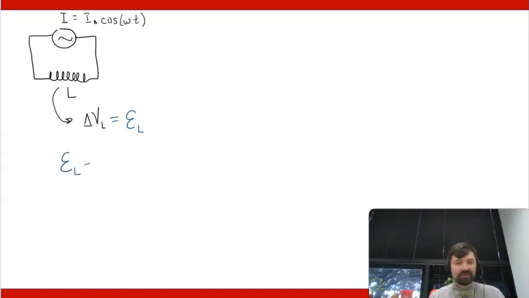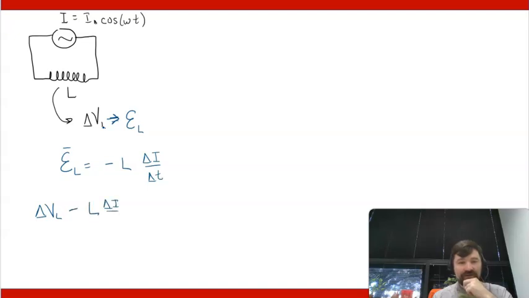We know that the induced EMF for an inductor is negative L times rate change of current. That is, in fact, the whole point of an inductance. And so the loop rule for the system would end up basically saying something like delta VL minus L delta I over delta T equals 0.